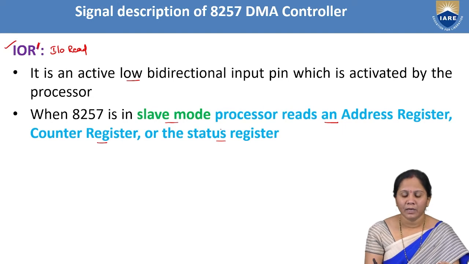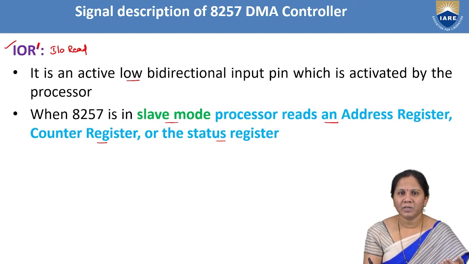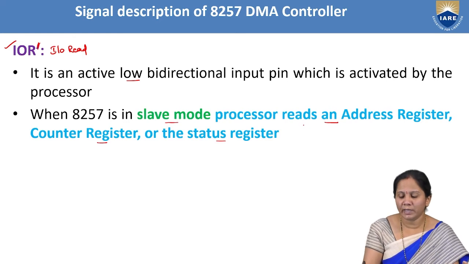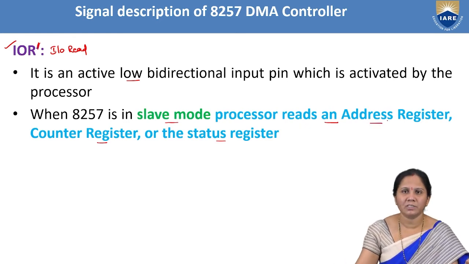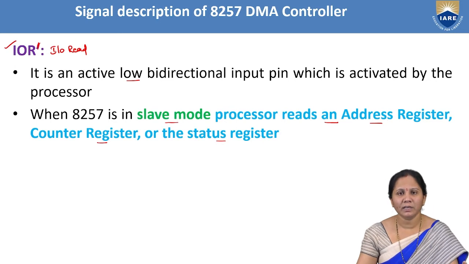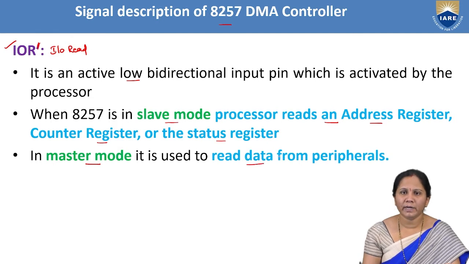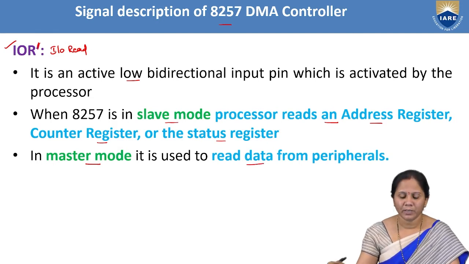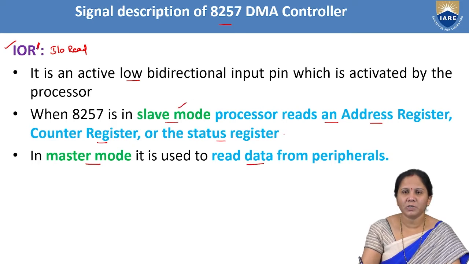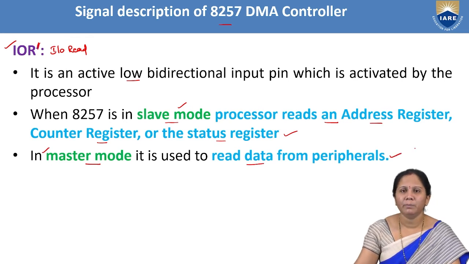That means the processor reads the information present in the address register, counter register and status register of 8257, that is, the 8086 microprocessor reads it. And when this 8257 is operating in the master mode, it is used to read data from the peripheral devices. So in the slave mode, it reads information from registers; in the master mode, it reads information from the peripheral devices.